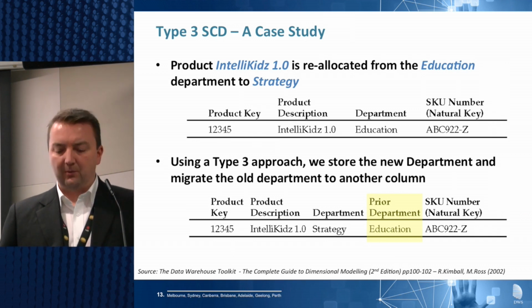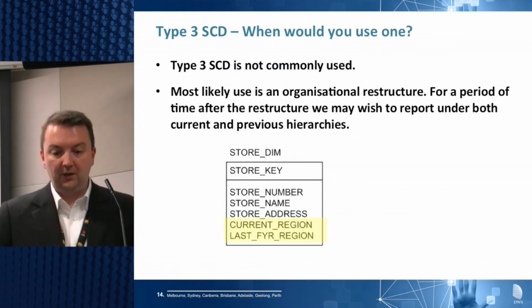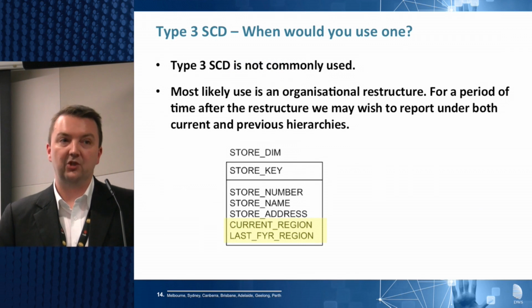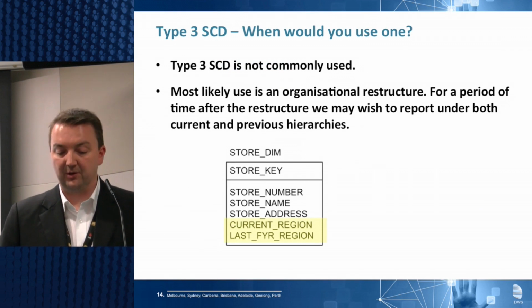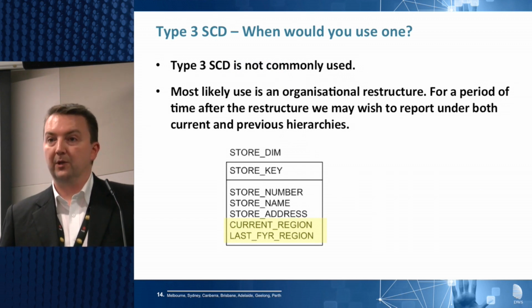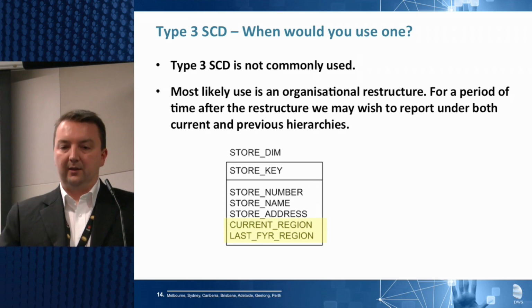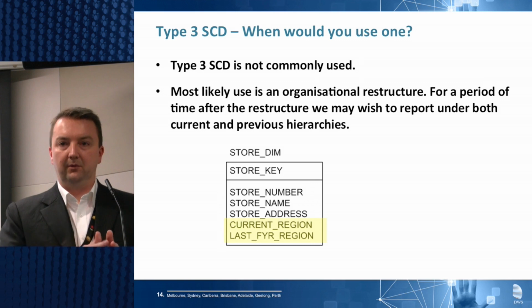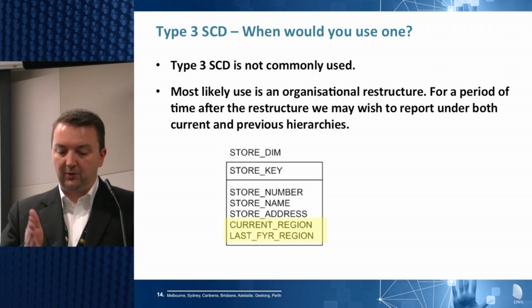Right? So when would we use one? Not a lot. I've seen one genuine use of a type 3 myself. It doesn't come up that often. So the most likely case is an organisational restructure. Like I said, there's a fixed point in time, like the organisation is changing at this point.